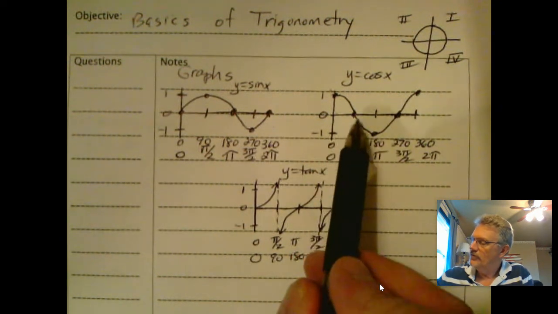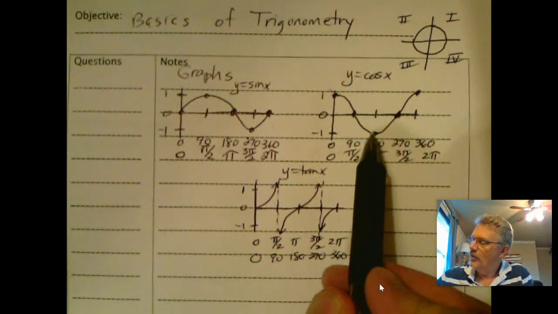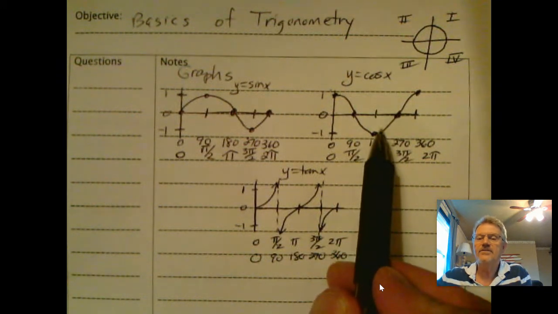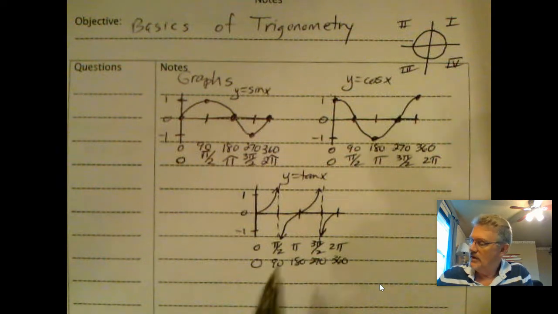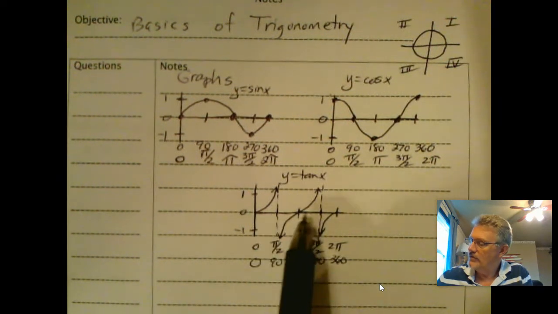First, second, third, all the y values are below the x-axis, so cosine is negative in the third quadrant. And another example, in the fourth quadrant, is tangent positive or negative? Tangent, fourth quadrant, 2, 3, 4.